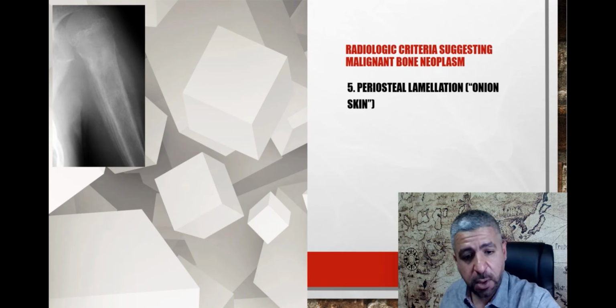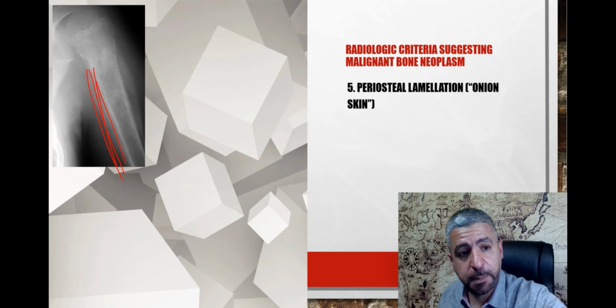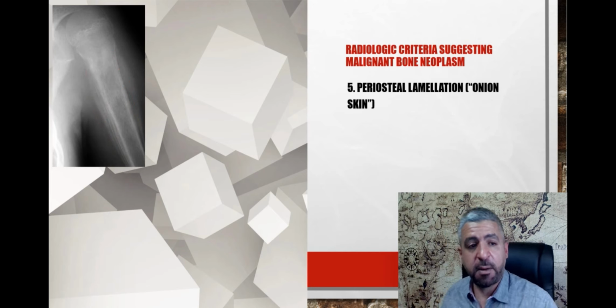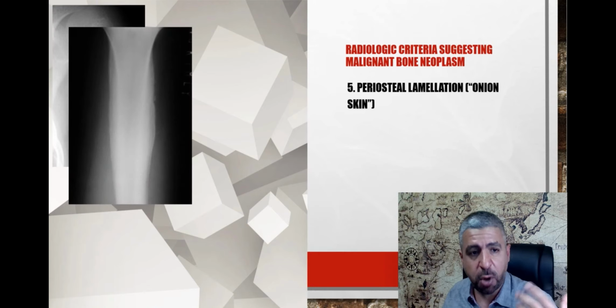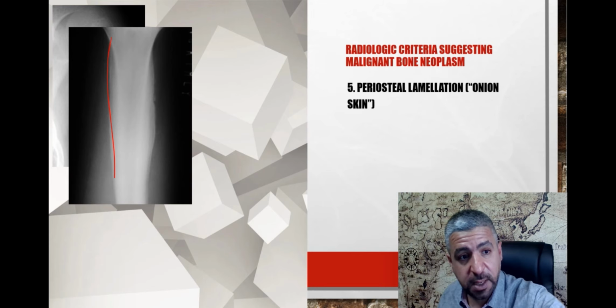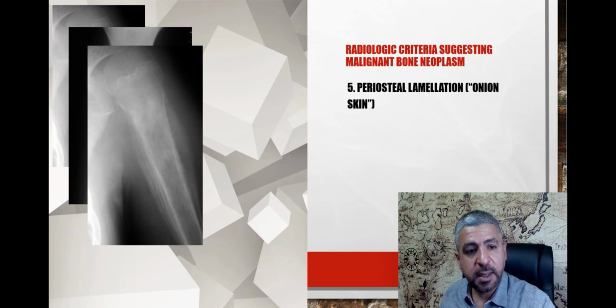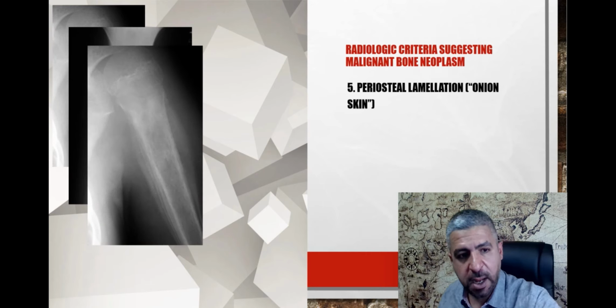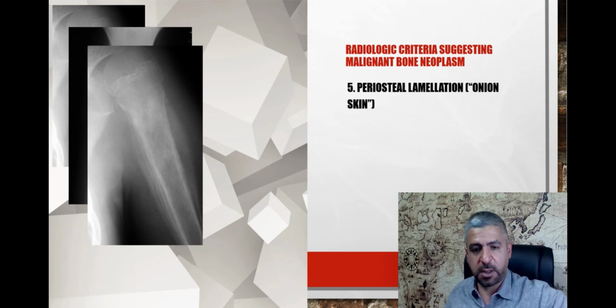For example, you can look here. There are multiple layers of periosteal reaction here and there, and these are what's suggesting a malignant or aggressive process. It might be even dense, not necessarily lucent. You can see here, it looks dense, but again, it's a periosteal laminated appearance, and it can be very prominent like here, and you can see it's multiple layers of periosteal reaction and bone destruction, and reaction and bone destruction forming this appearance.